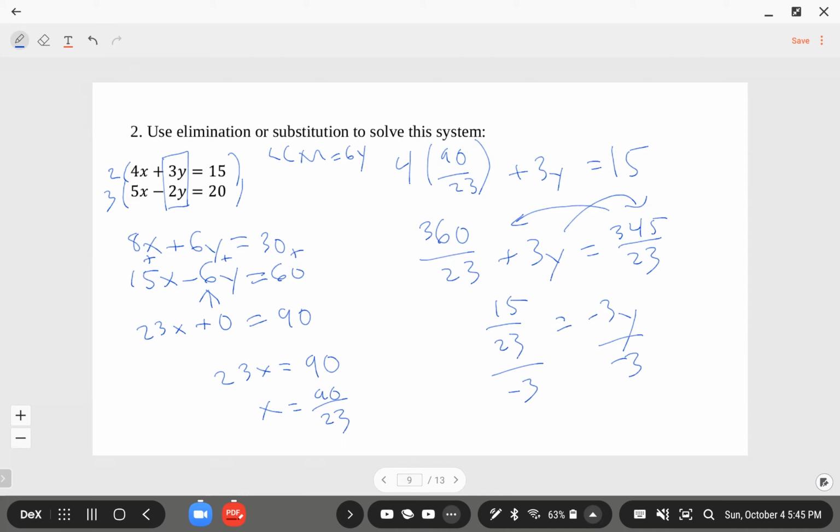So let's say you want to eliminate x. What is the least common multiple of 4 and 5? I think it would be 20, right? Yes, 20x.